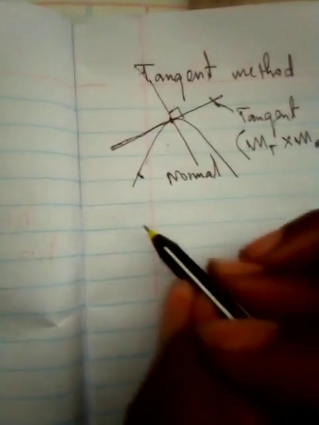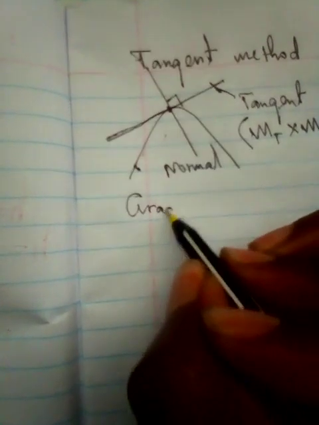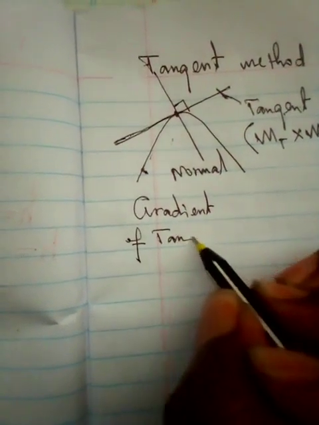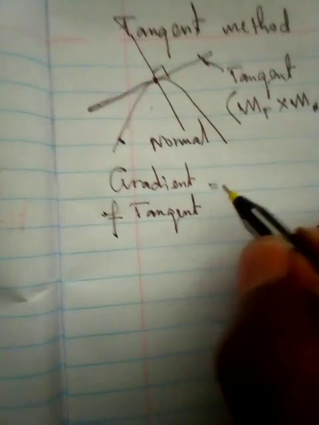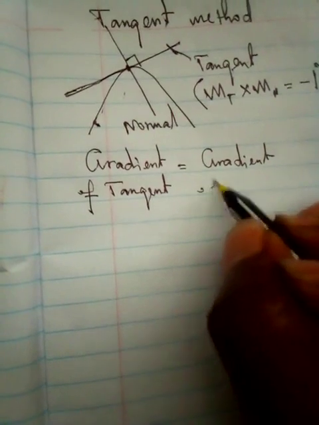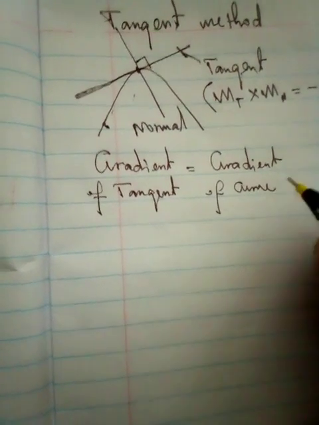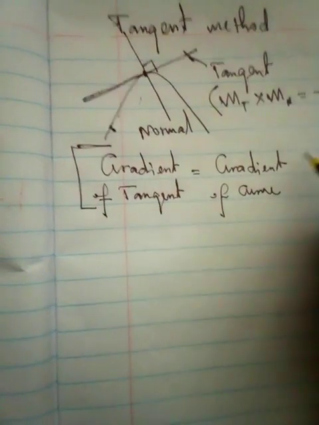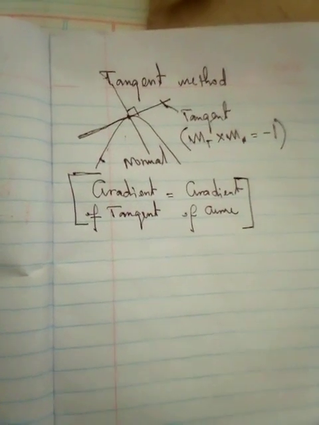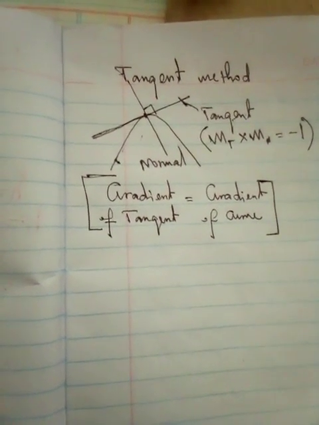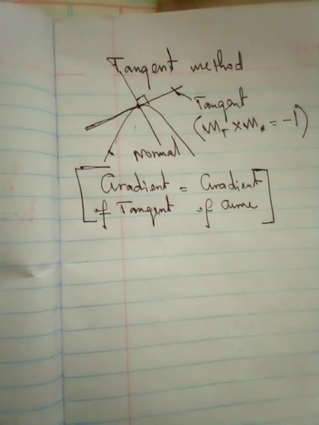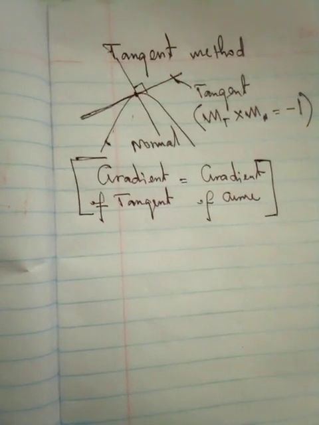Take note, the gradient of the tangent is always equal to the gradient of the curve, and this will only be true at the point where they meet, okay? Don't forget that.